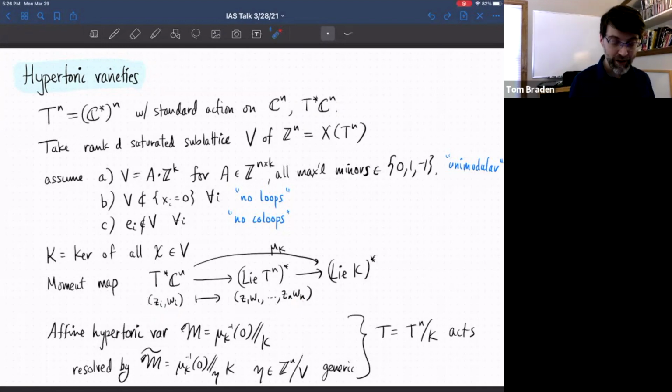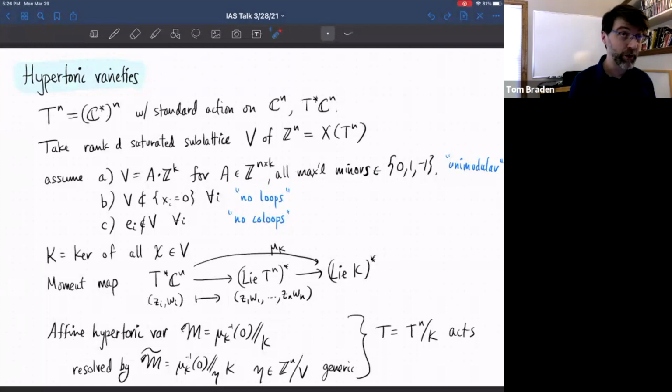And then I have a quotient of that to the dual of the Lie algebra of a group K, where K is the kernel of all the characters in my sublattice. And since this sublattice was saturated, this K will be a torus. It will be connected.